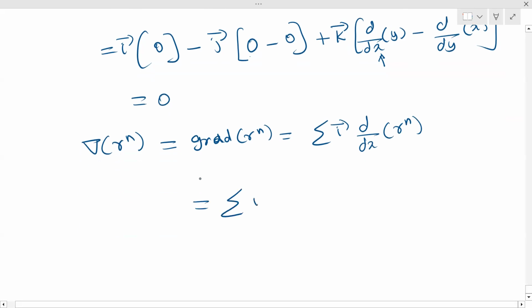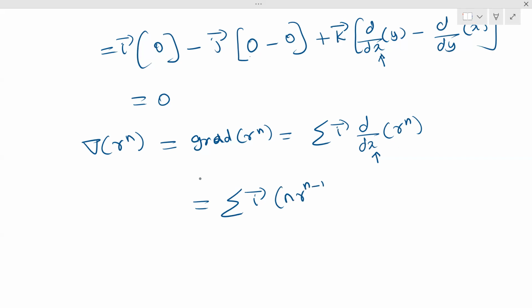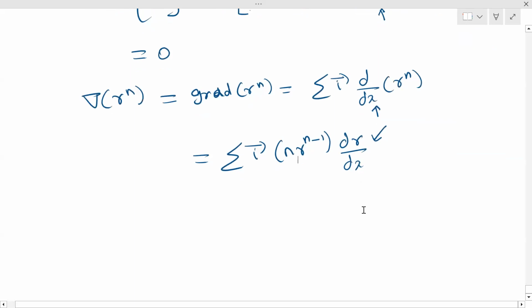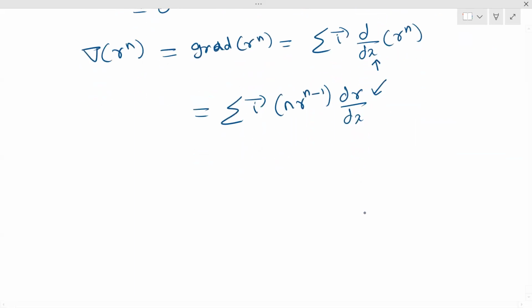So sigma into i vector into, we have to differentiate partially with respect to x. So r power n differentiation is n r power n minus 1 into dou r by dou x. This part is very important because r is depending on x. So don't think r is an independent variable. So here we have to calculate dou r by dou x.